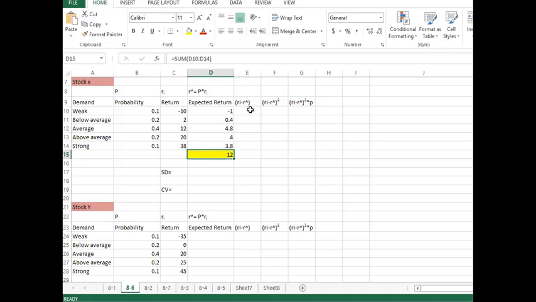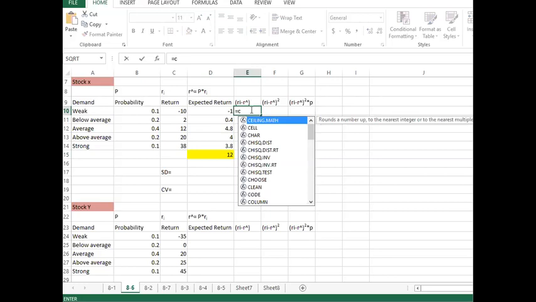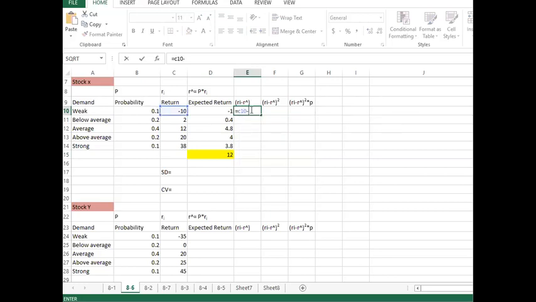The next requirement is standard deviation. So for standard deviation, we will deduct R hat from Ri. Minus 12, okay.